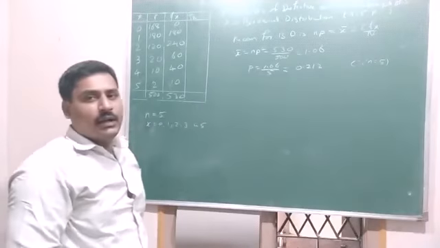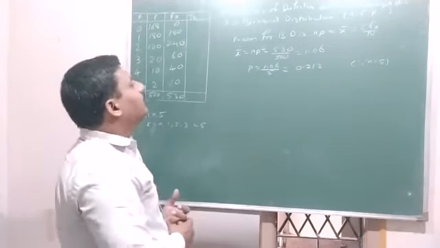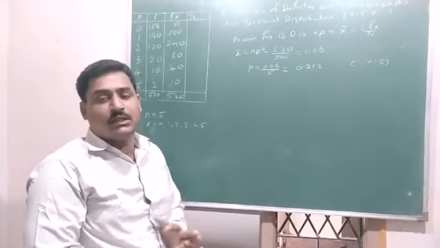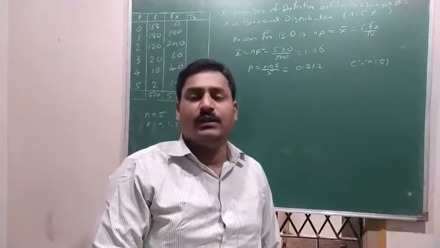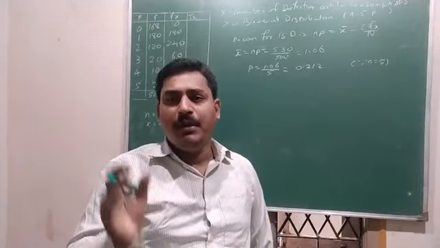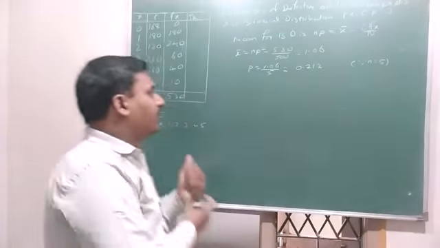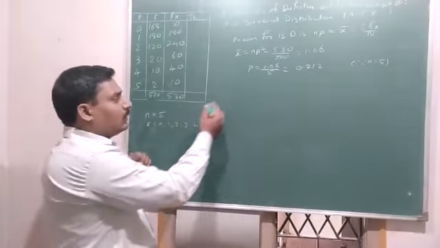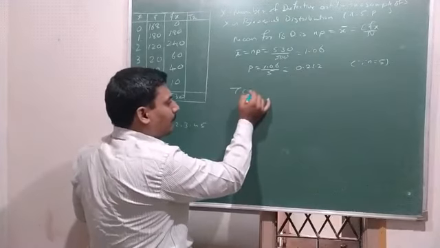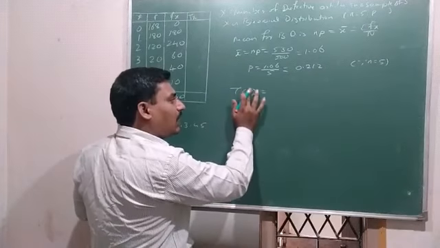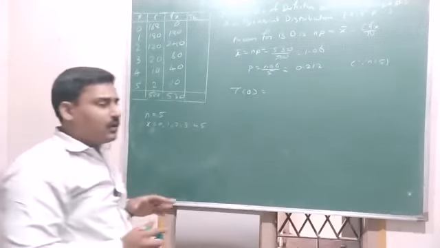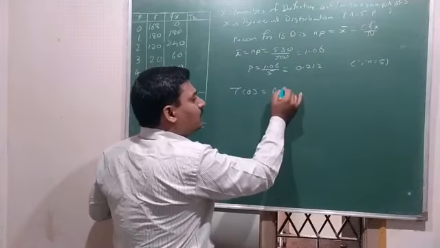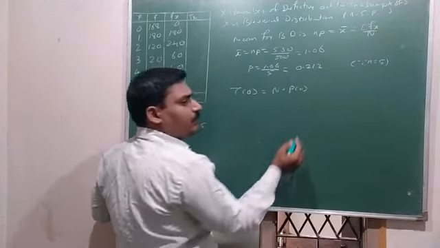Now next thing is to identify the theoretical frequencies. To identify the first theoretical frequency, we have to identify P of 0 first. So for the first one, always T of 0. For T of 0, use the formula n into P of 0.